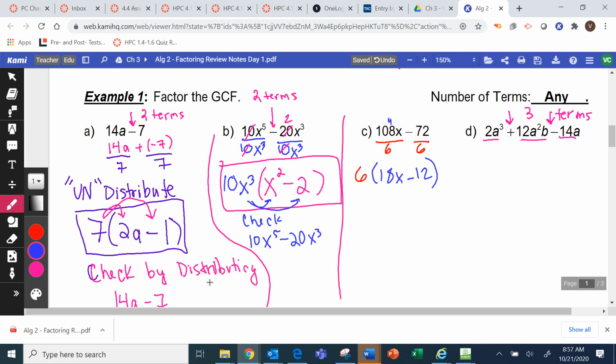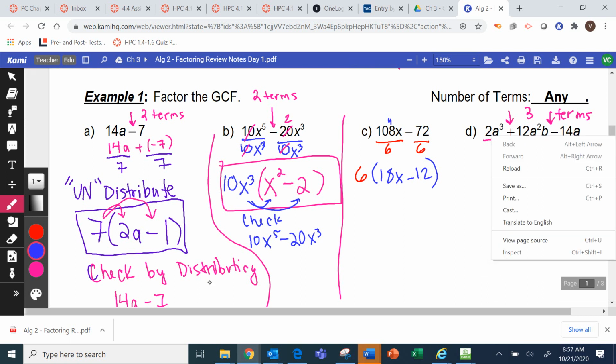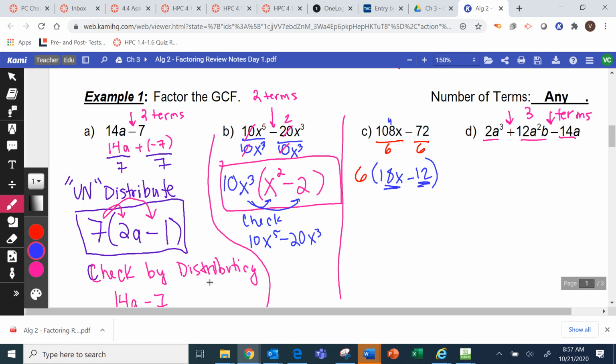Jaden? 36, is that what she said? Or you said 6? Oh yeah, you said 6, right? Okay. So what I want you to see, and the reason why I went with her answer, is because this might happen to you. You still need to look at this and say, did I take out the greatest number?